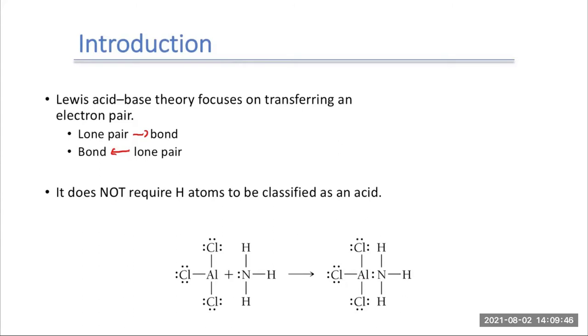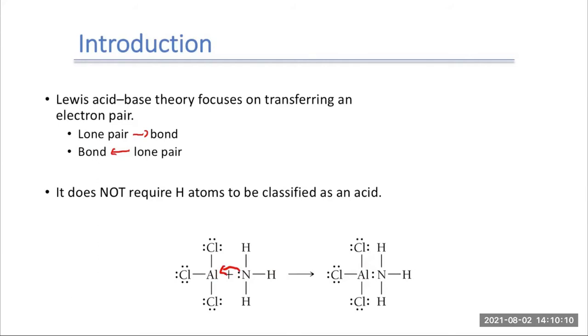So looking at our examples here, we have aluminum trichloride and ammonia. They react together to form a complex. So what happens is the lone pair on the nitrogen forms a bond to the aluminum. And when it forms that bond, we get a new species. The lone pair is going through a reaction.